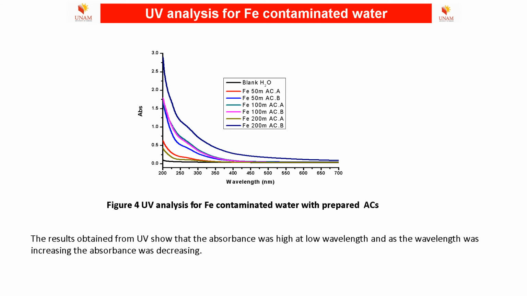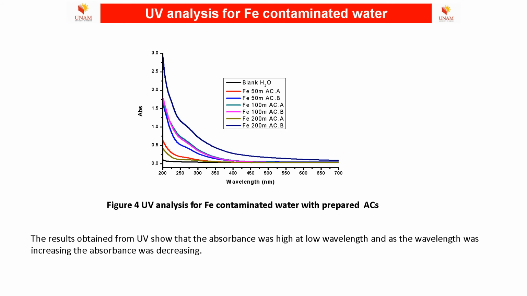And the orange one, we will see iron with 50 molar ACA. The absorbance was a little bit higher at low values, then slowly the absorbance decreased with increasing wavelength. Same pattern is observed for iron 50 molar ACB, blue one. There the absorbance at lower wavelength is high, 1.5 for the blue one.